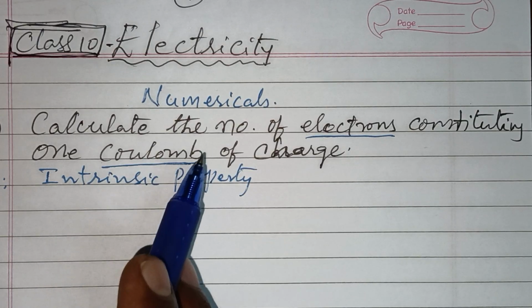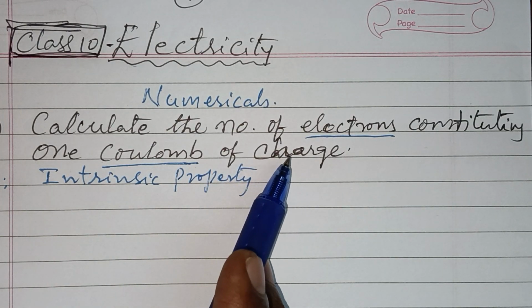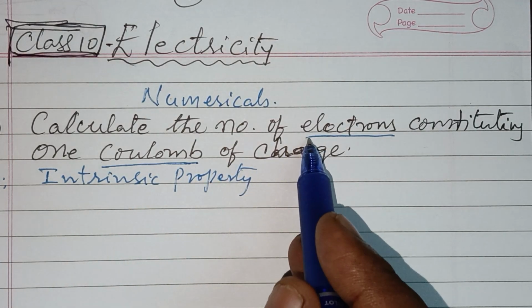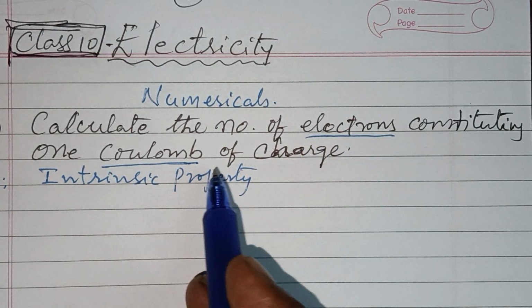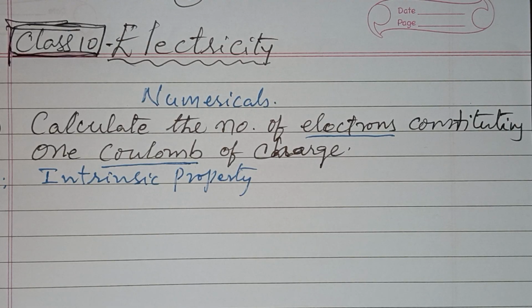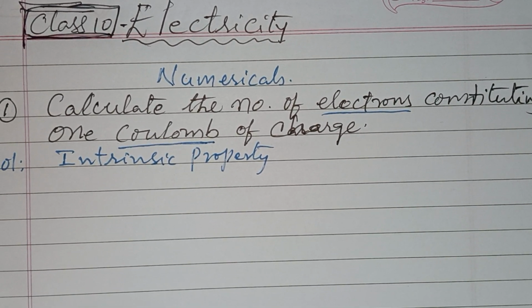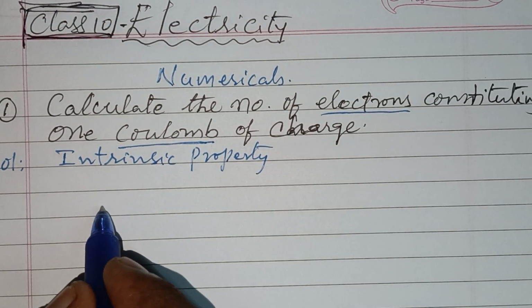Now, from this numerical, we will try to find out how many electrons are present in 1 coulomb of charge. To find this, first of all, we should know the charge on each electron.